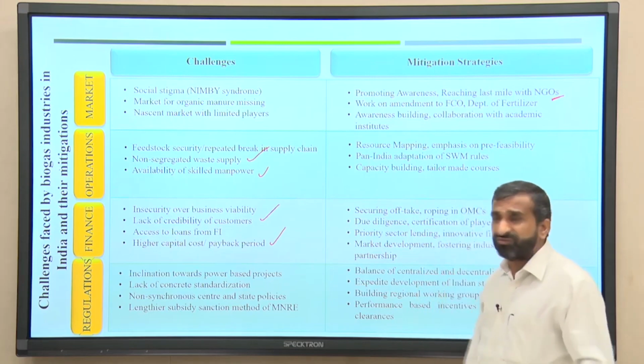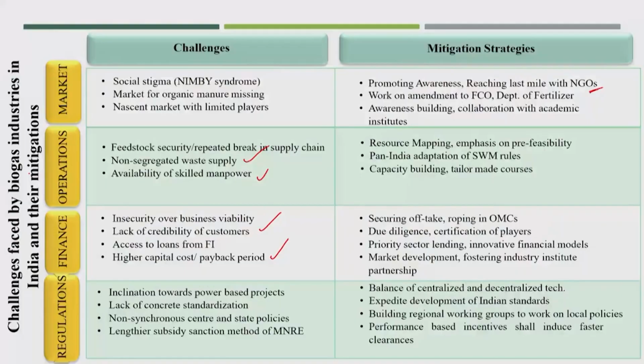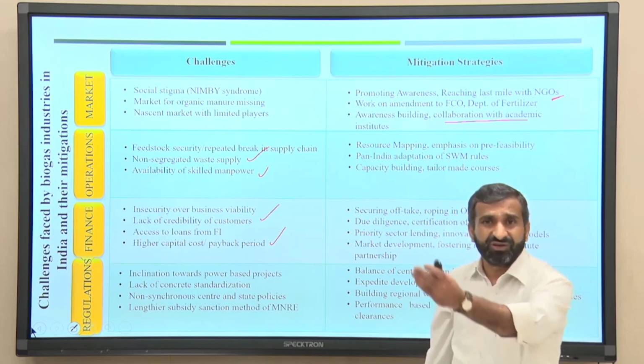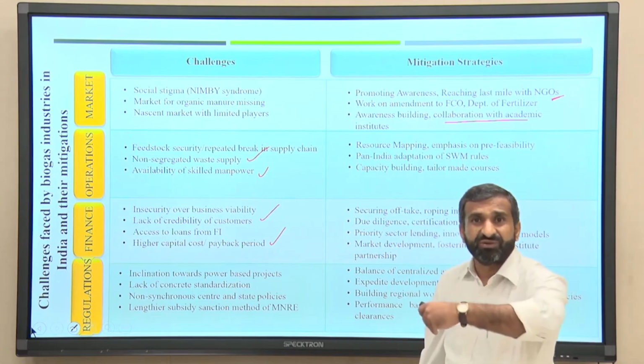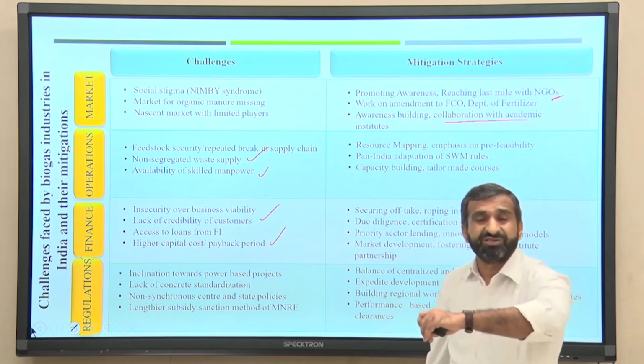These NGOs can work on the awareness process, and they can also work on collaboration with academic institutes, because a number of academic institutes are working, like I was sharing about IIT Guwahati or IIT Delhi, working on 10 cubic meter, 20 cubic meter biogas reactors, which is very difficult in an academic research institute.